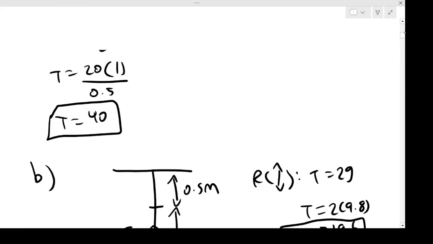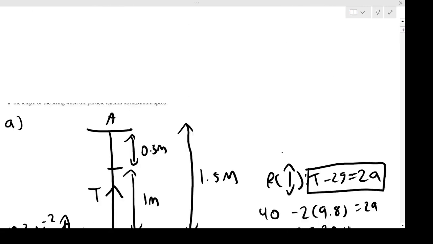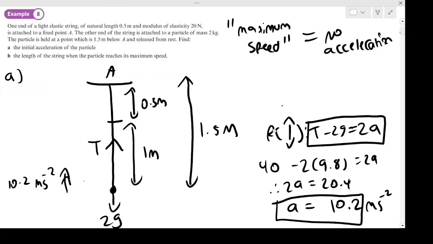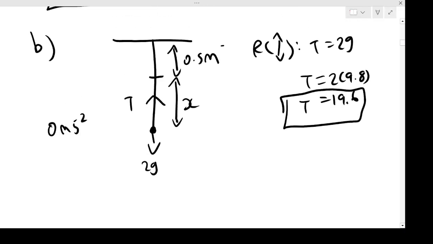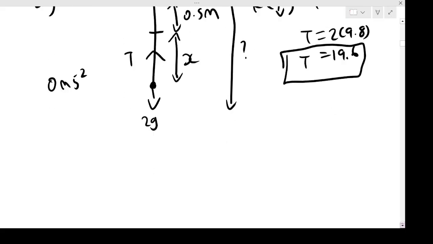But what did they ask me to find? The length of the string. Well, the length of the string is going to be this whole length here, right? So the original 0.5 and the extension X. Now, to find X, I can again use Hooke's law because I know what the tension is.